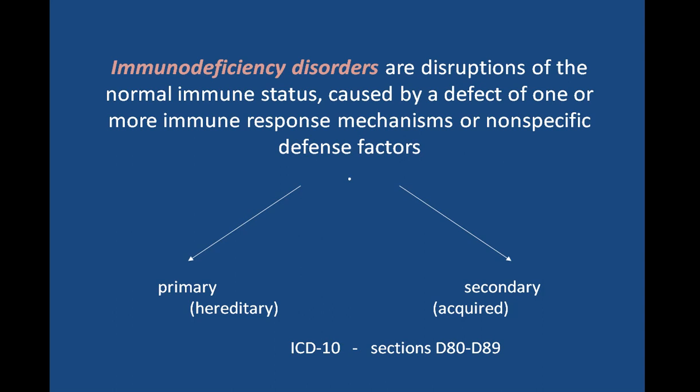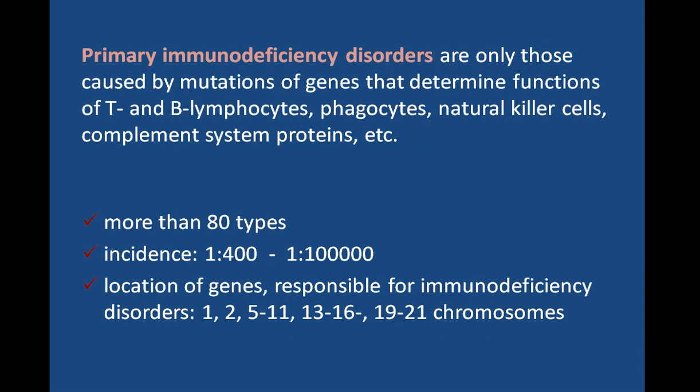There are two types of immunodeficiency disorders: primary, hereditary, and secondary, acquired. In the International Classification of Diseases, 10th revision, it is section D80 to D89.